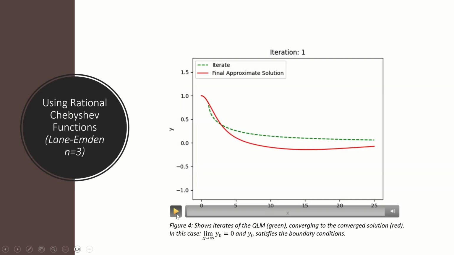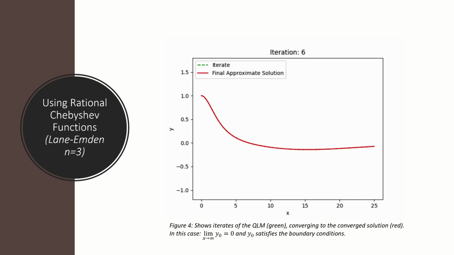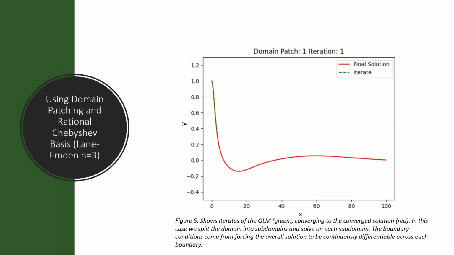Instead, we can use the rational Chebyshev functions basis. Here we can enforce y0 to go to 0 as x goes to infinity. And in this example, we're able to find a solution on a domain of around about 0 to 25 without blow up. But again, anything bigger will indeed lead to blow up. So we can do it slightly better. Here we're going to use the domain patching algorithm as well.